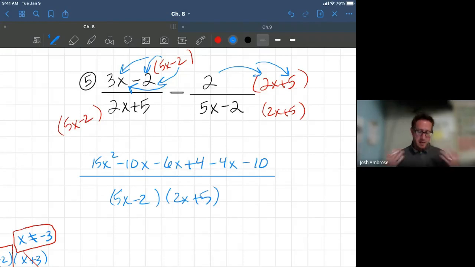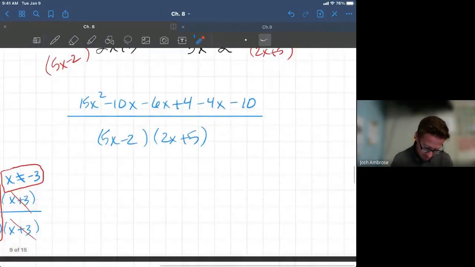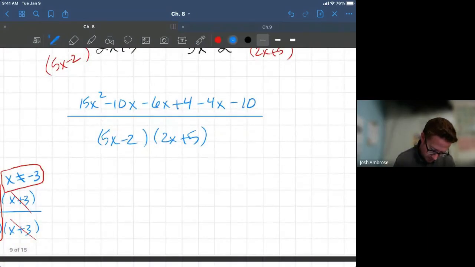Okay, now comes the find your like terms, combine like terms. Okay, -10x, -6x, -4x. This seems pretty good. All right, we have a -6 and a -4, making another -10 and another -10. All right, so we're gonna change the color here. Let's drop it down.